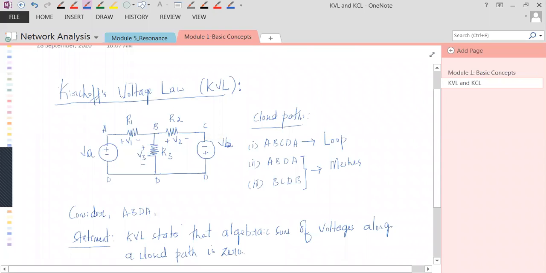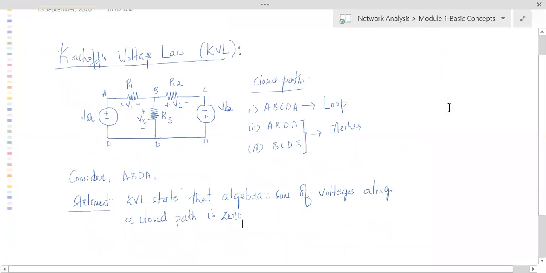So this is what it is telling. Now let's consider this. It's saying the algebraic sum of all the voltages along a closed path is 0.